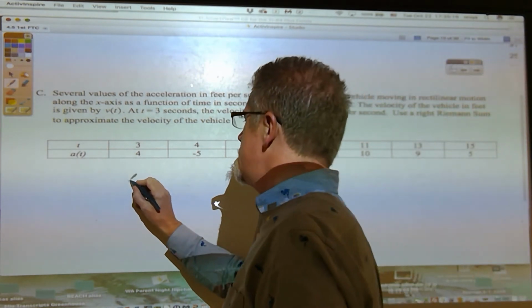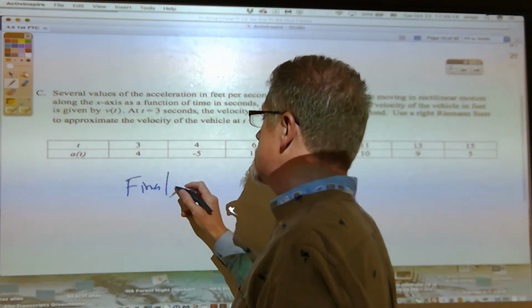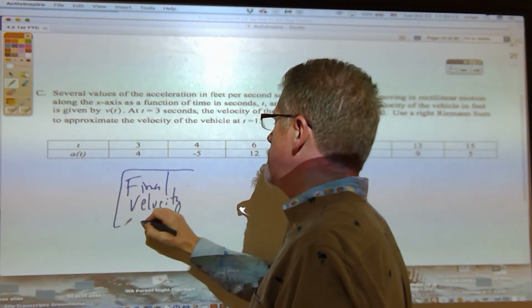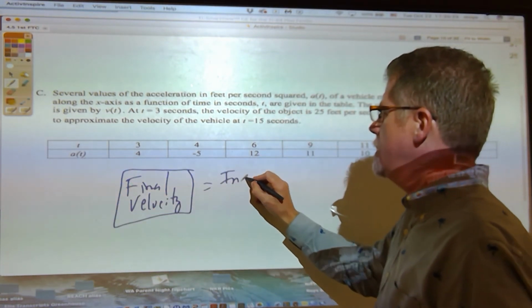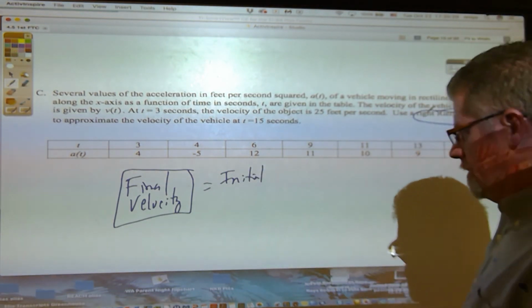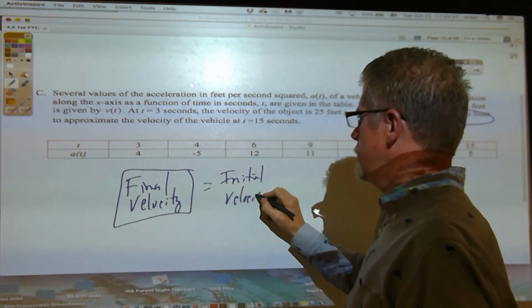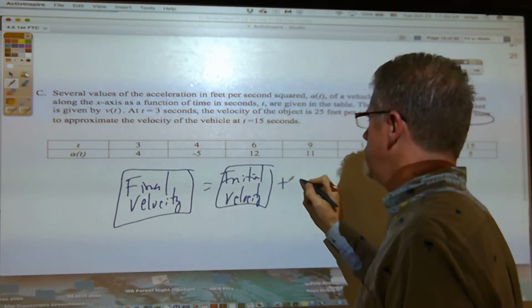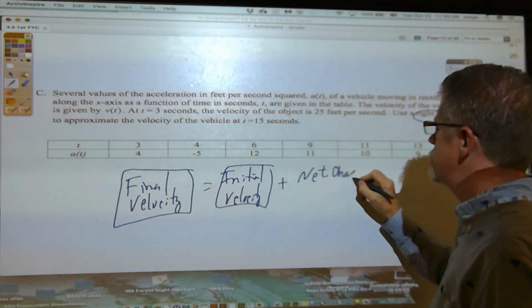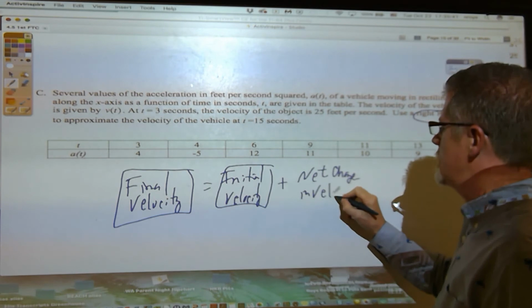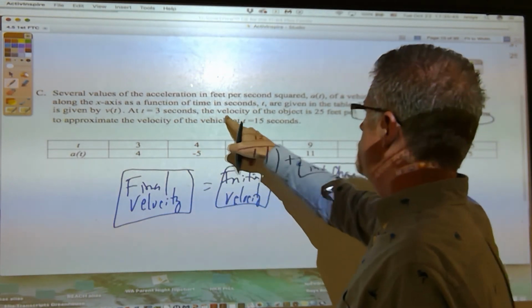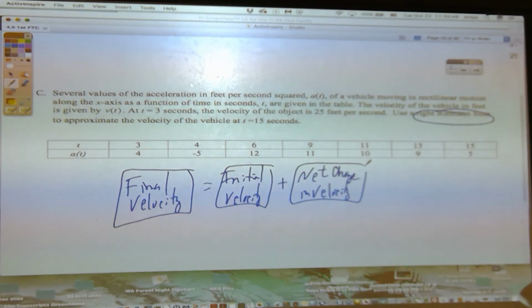So the idea is that when you're doing part C, start out with 3 boxes. Final velocity equals initial velocity, right Riemann sum. Initial velocity plus not total change, but net change in velocity. Final velocity would be the velocity at time 15.